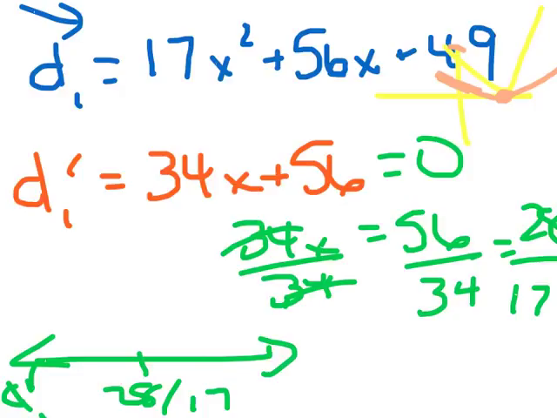Okay, so going back to this, all you have to do is ensure that this is negative and this is positive. Let's pick something over here like a 1, and then something over here like a 2.